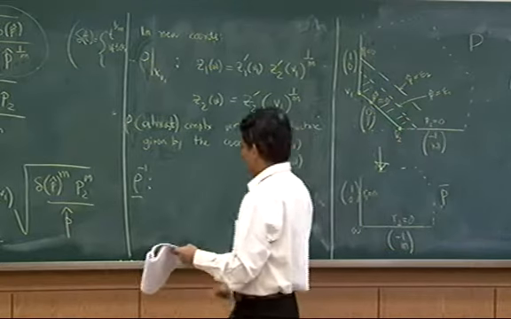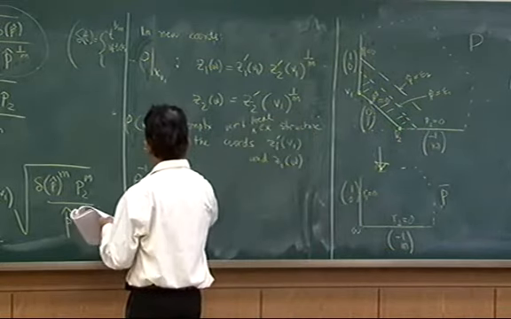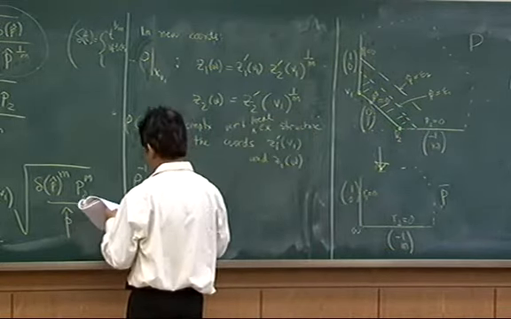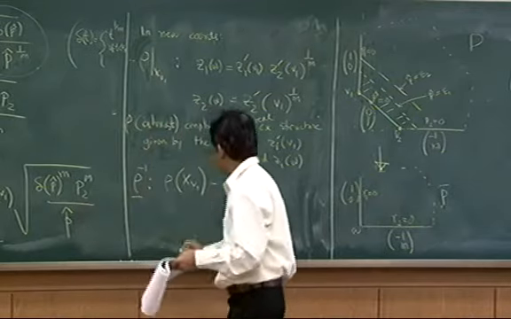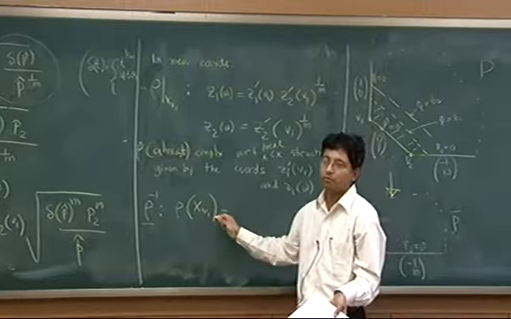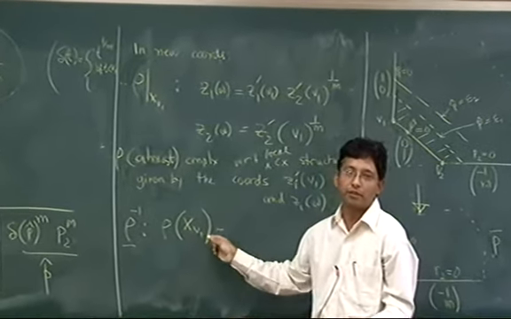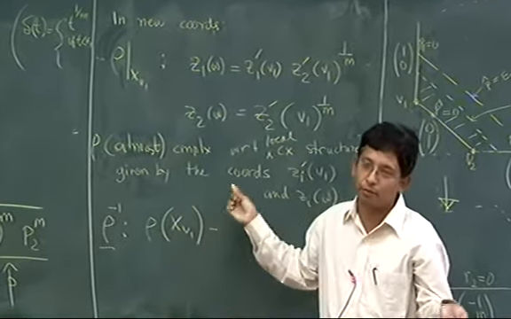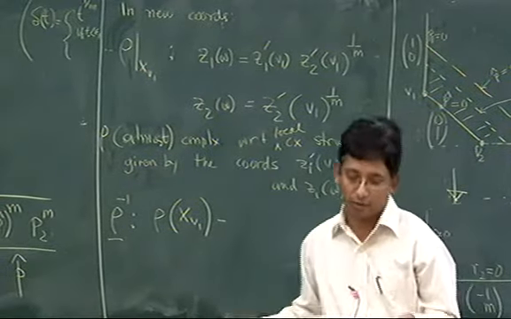So rho inverse from rho X(V1). Now this final step, I want to show you that this is a diffeomorphism outside the singular set. This rho I constructed, that's what you'd like to have.